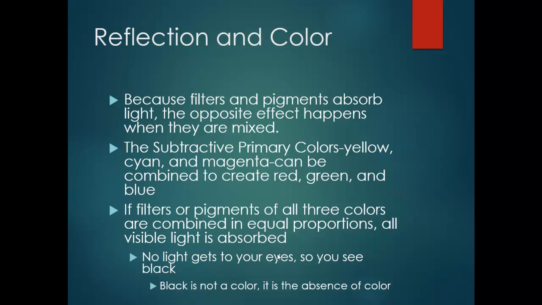The subtractive primary colors yellow, cyan and magenta can be combined to create red, green and blue again. If filters or pigments of all three colors are combined in equal proportions, all visible light is absorbed. No light gets to your eyes, so you see the color black.